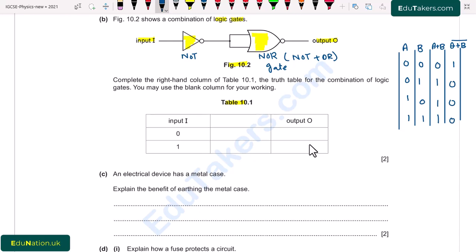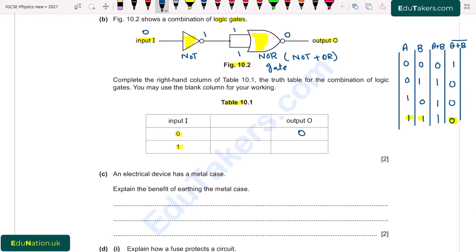Now here inputs are 0 and 1, which are the inputs of NOT gate. So I consider that here is input 0. When I apply NOT gate over it, it becomes 1, and then here input comes to be 1 1, and when the inputs are 1 1 of NOR gate, then its output will be 0. So I write here the output will be equal to 0. So answer will be 0.